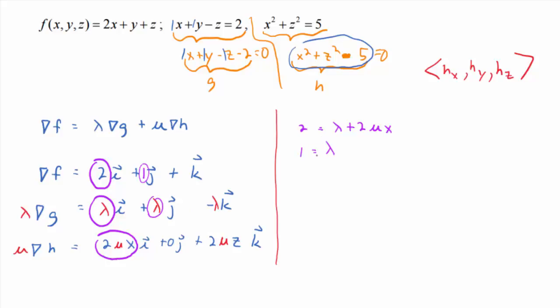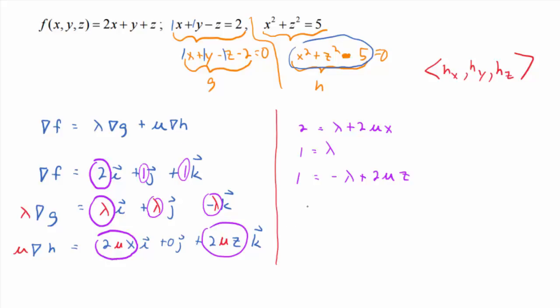So we know what lambda equals. That's nice. And then what's the next one? 1 is equal to negative lambda plus 2 mu z. Make sure I got that right. 1 is equal to this guy plus this guy, right? Okay, then we have the two constraint equations.